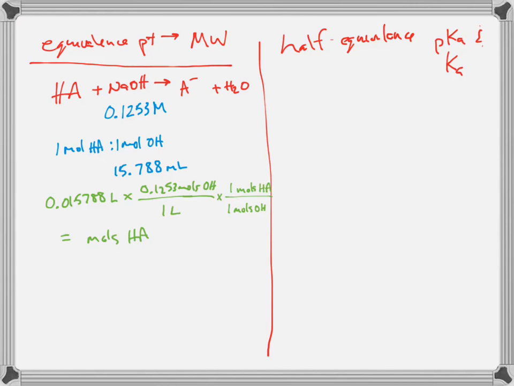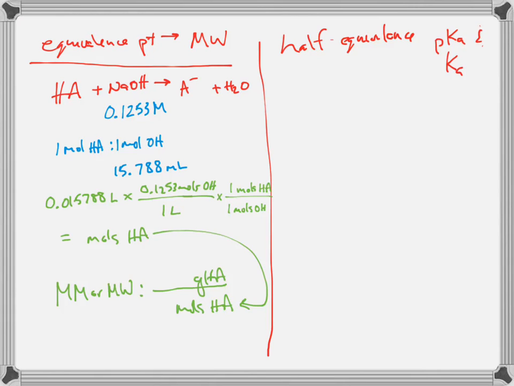What were we trying to get to? The molar mass, or the molecular weight. What are the units on that? Grams of HA per moles of HA. Do we know the moles of HA in that solution? Yep, we just calculated it. So this number can now swing down into this.